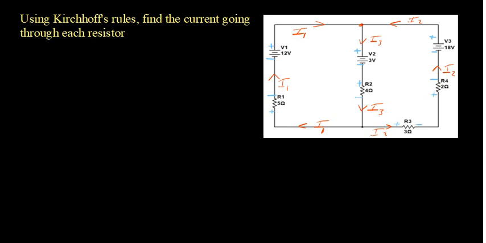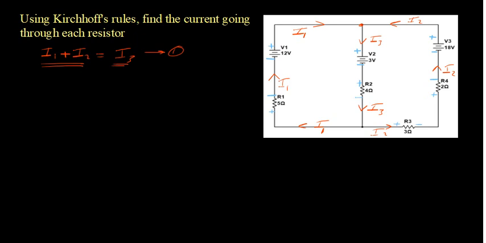From the first step, I can write my junction rule equation. Current 1 plus current 2 equal the third current. The total current going in equals the total current going out. So this is our first equation.